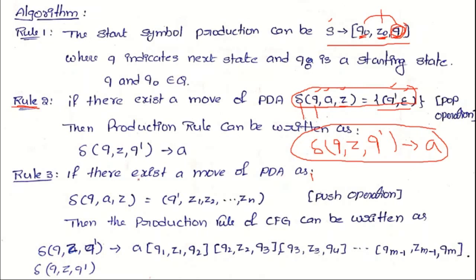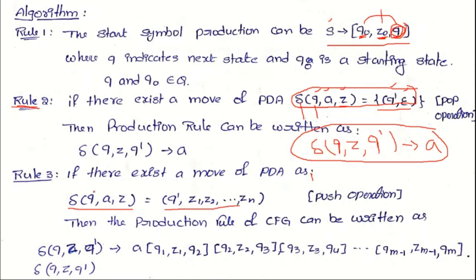Next, we consider how to convert from PDA to CFG for push operation related transitions. Let there be a transition in the PDA in the form of delta of q comma a comma z equals q dash comma z1 z2 and so on zn.